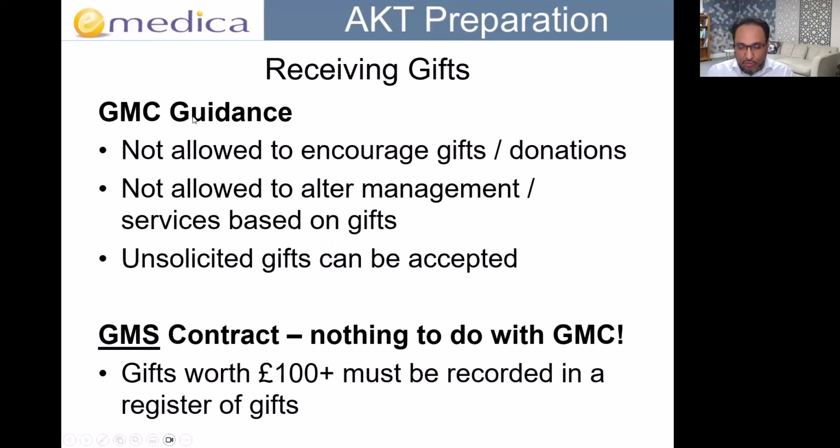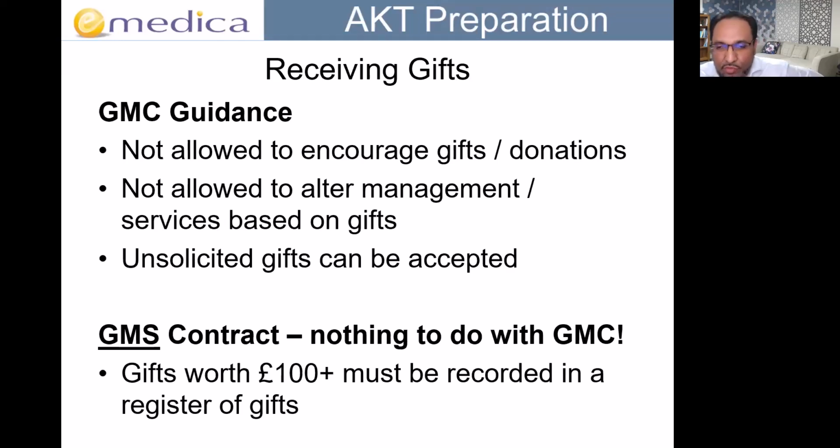So let's talk about the GMC guidance first. It says when you cannot accept gifts and when you can. So basically, you're not allowed to encourage patients to give you gifts. You can't pressure patients to make donations, even if it's to a good cause like a charity. You're not allowed to alter the management or the services that you offer based on a gift. And you shouldn't accept a gift if it might be seen as a conflict of interest or taking advantage.